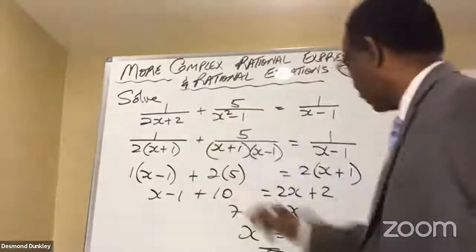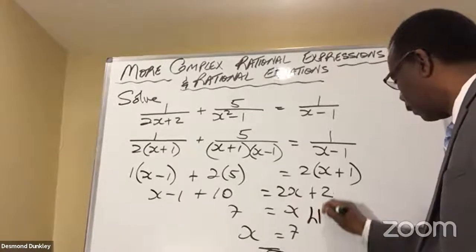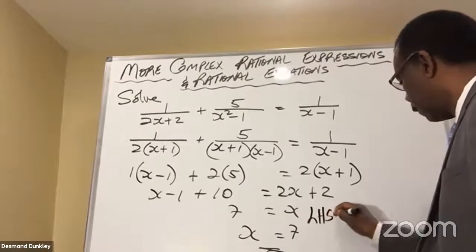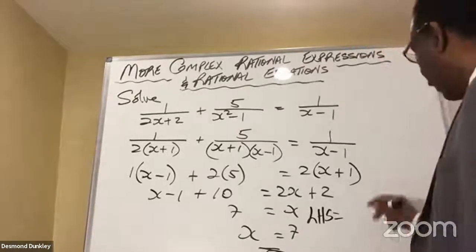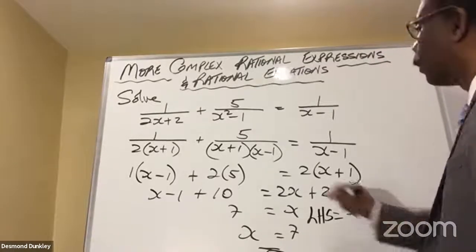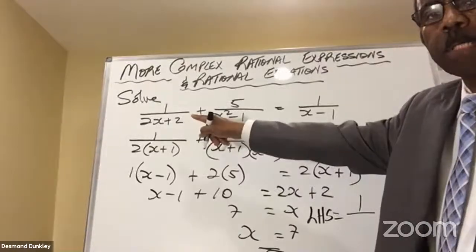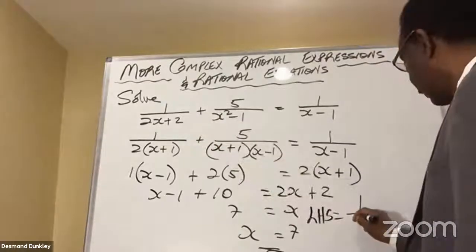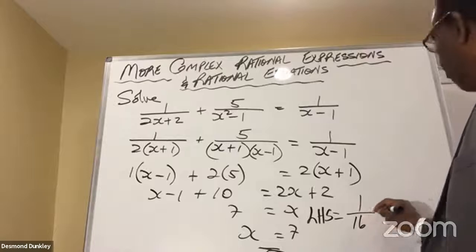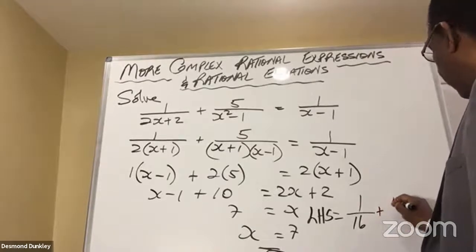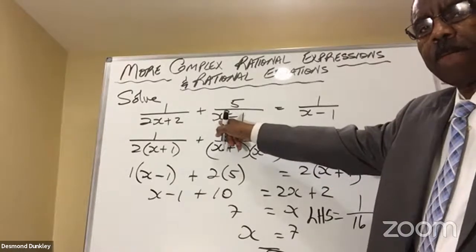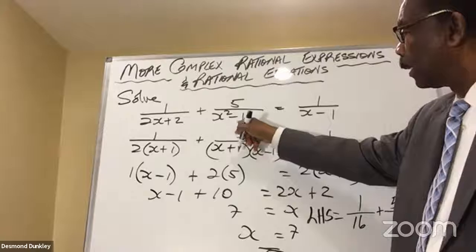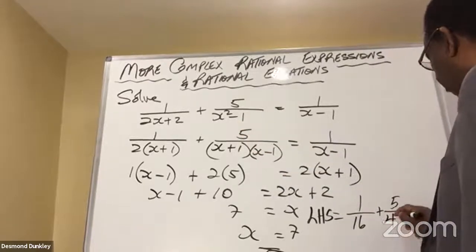So for the left-hand side, LHS means left-hand side. We have 1 over 2 times 7 is 14, plus 2 is 16, plus 5 over 7 squared is 49, take away 1 is 48.